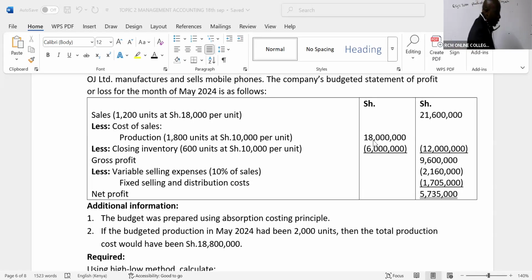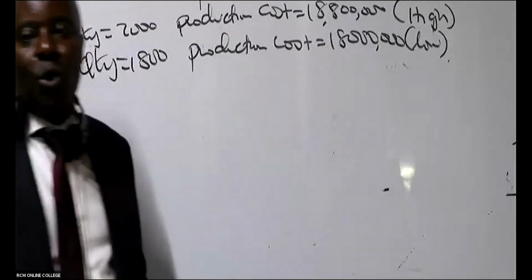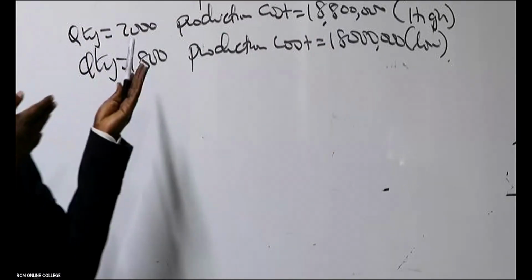So when quantity is 1,800, production cost equals 18 million. So basically, the higher quantity is 2,000. So this is the high, and this is the low. A lot of information was given with lots of nothing, just to confuse me. Otherwise, the whole thing was there.